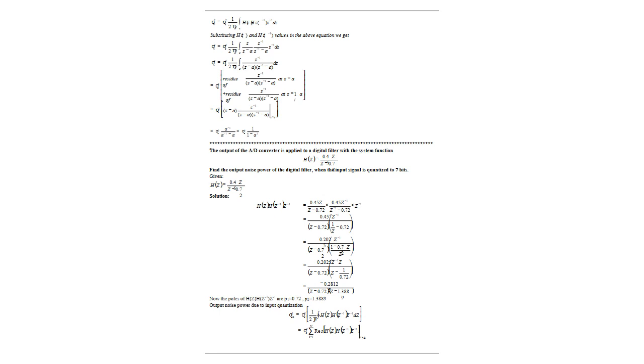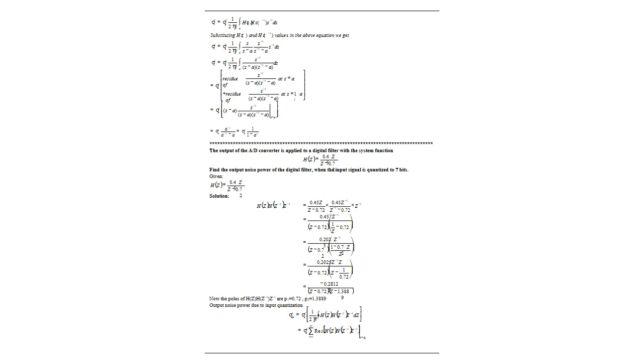The output noise power due to the input quantization is sigma e naught squared is equal to sigma e squared into 1 by 2 pi j closed integral h of z into h of z inverse into z inverse dz.